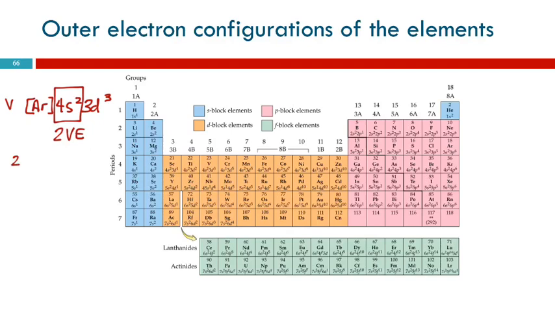So it has 23 electrons total. And if 2 of those are valence electrons, then there must be 21 core electrons. Argon has 18. Those are valence electrons, 19, 20, 21. 21 core electrons, 2 valence electrons. So most of the transition metals have 2 valence electrons. Any questions yet?